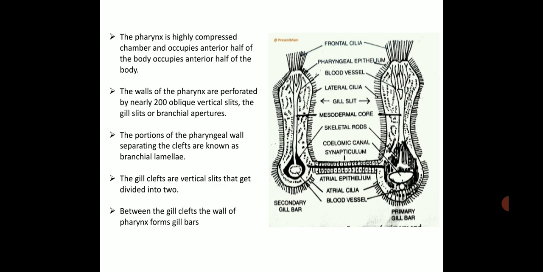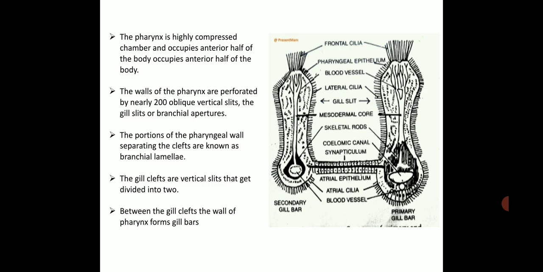The gill clefts are vertical slits that get divided into two. Here you can see the gill slits. Between the gill clefts, the wall of the pharynx forms the gill bars.